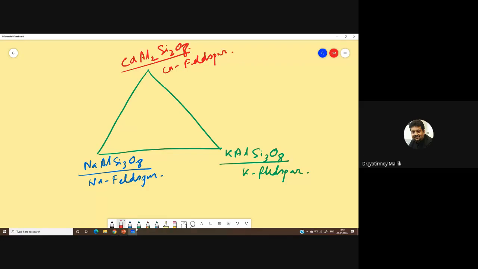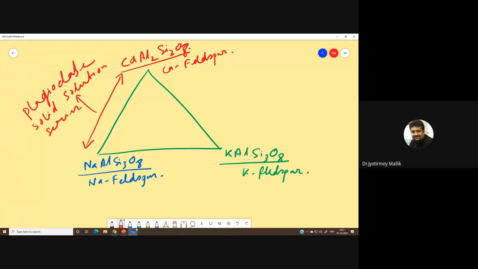Now, this is what we call the plagioclase solid solution series. This is the replacement between sodium and potassium.